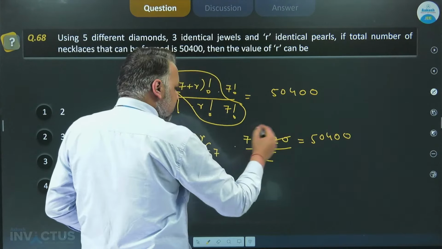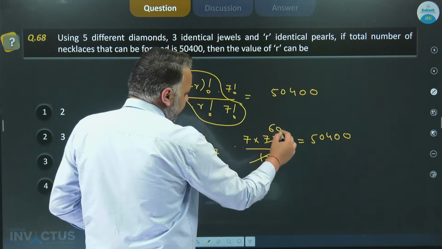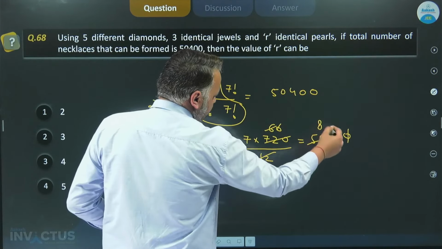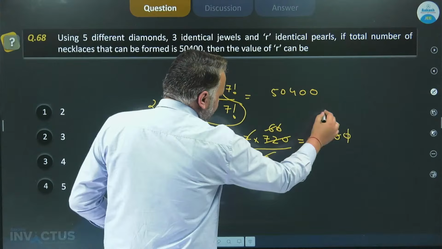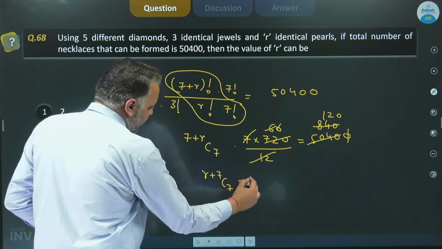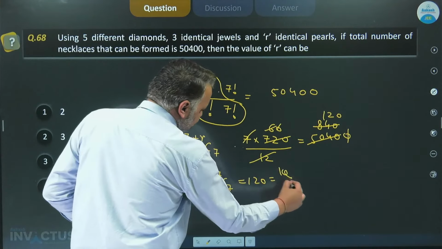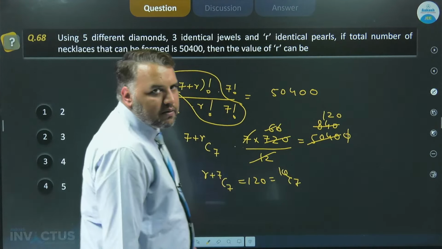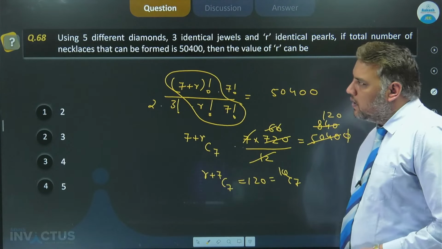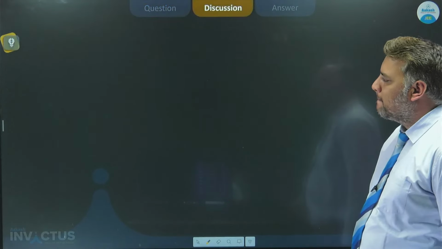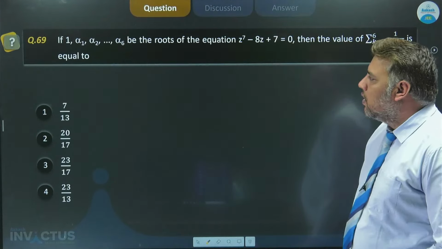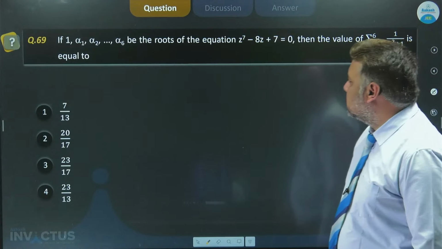Now cancelling this out, this is actually 60, and again this will be 840, and finally it is 120. So R plus 7 C 7 is 120, which is nothing but 10 C 7. So you can comment that R must be 3. So option 2 must be the correct option. Yeah, R is 3.